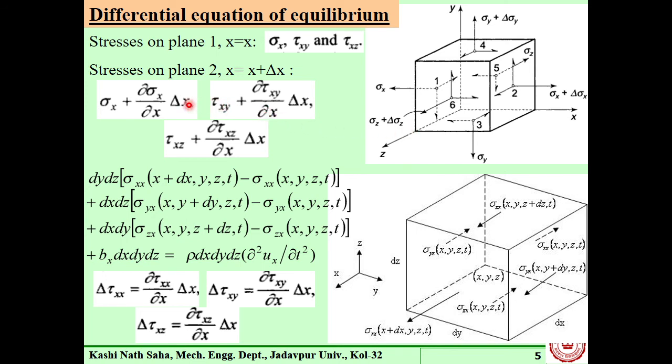So these are the components only, sigma xx, then tau xy or yx, then tau zx, or this is written as tau xz. So only these 3 forces are acting along the x-axis. So the differential quantities on sigma xx, tau xy, tau xz, that is considered.